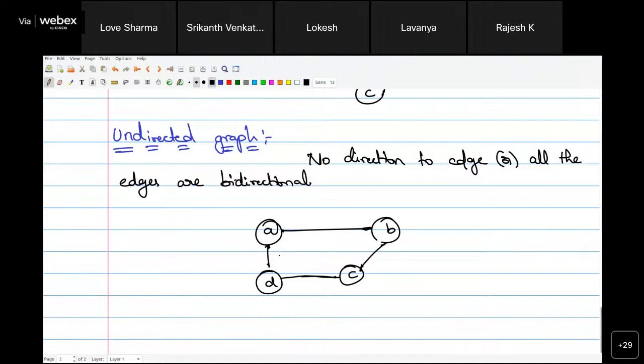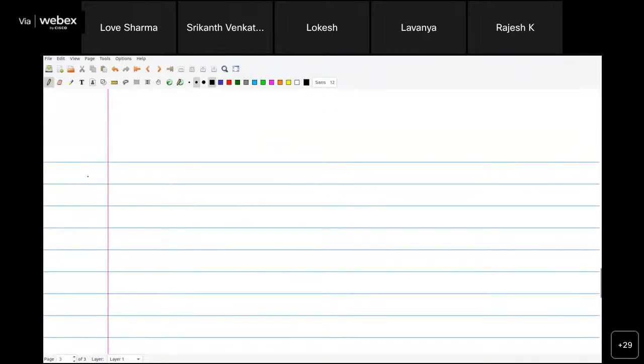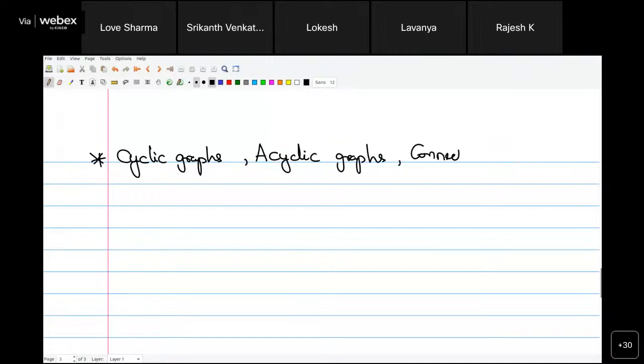But there are many other types like cyclic graphs, which I am not going to cover, but I am giving them to you. You can just go through this. What do these graphs mean? So there are some types called cyclic graphs, and there are acyclic graphs. There are connected graphs. So there are many.